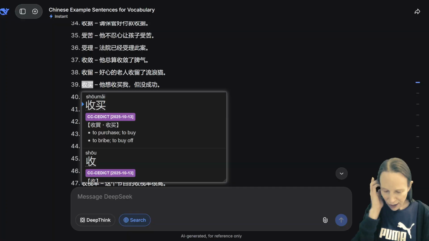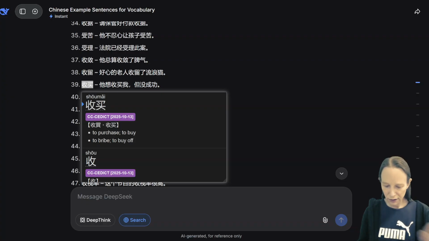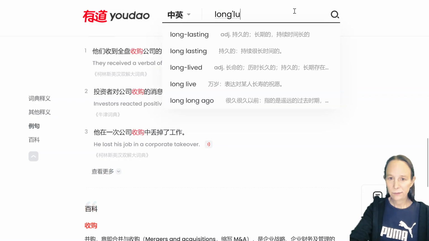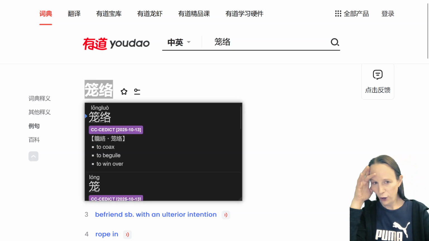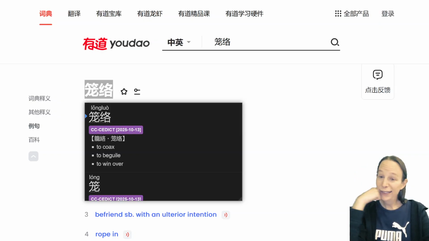All right. The second definition in the dictionary for 收买 is the bribe payoff one. Buy off. 用钱财或其他好处笼络人，以受利用. Okay, what is 笼络? Coax. We're getting into verbs and words that I don't use very often, like buying people off and coaxing people.